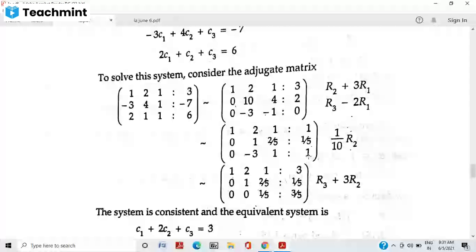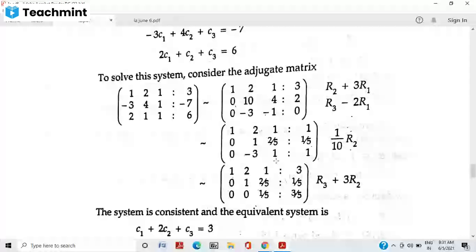Next, what should we make? This -3 as 0. For that, what can we do? R3 plus 3R2. First and second rows we didn't change. Here this term will also become 0. Next, what will we get? 1 plus 6 by 5. Here there is one mistake.